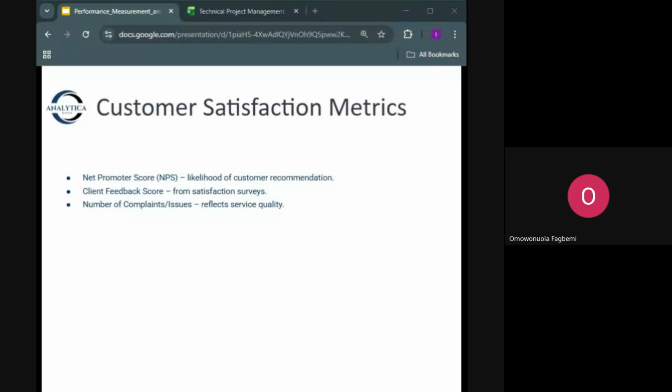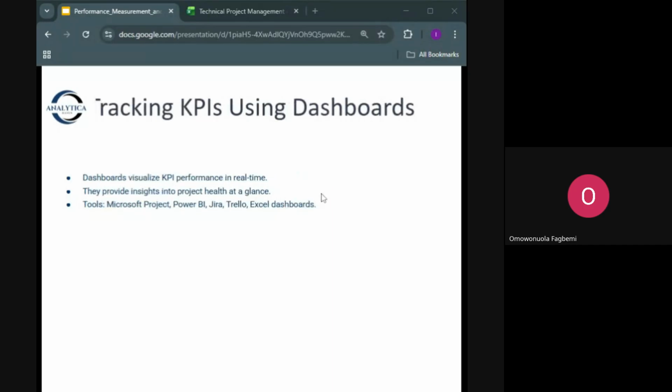Now we move to tracking KPIs using dashboards. Dashboards make KPIs visual and easy to read.